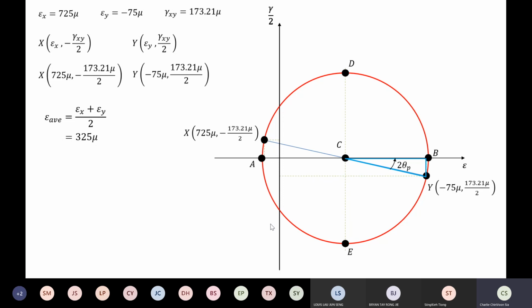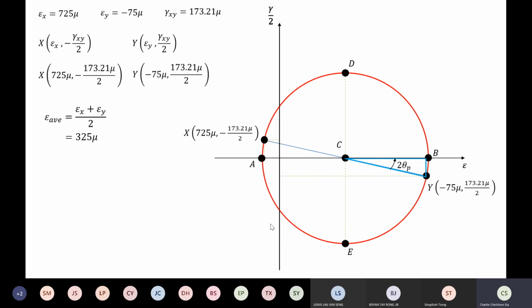So if the theta p is from the top, maybe from somewhere here towards the horizontal line, clockwise, the value will be negative. It depends on the rotation of the line xy. Please do keep in mind for Mohr circle, counterclockwise rotation is a positive value.